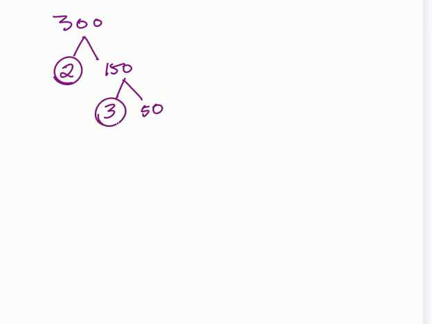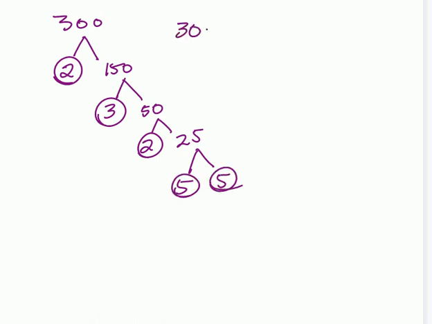There's another prime. 50, 2 times 25. 25 is 5 times 5. So we're there. So we can say then that the prime factorization of 300 is 2, let's get both of them there, times 2 times 3, and then we've got these two 5s, times 5 times 5.